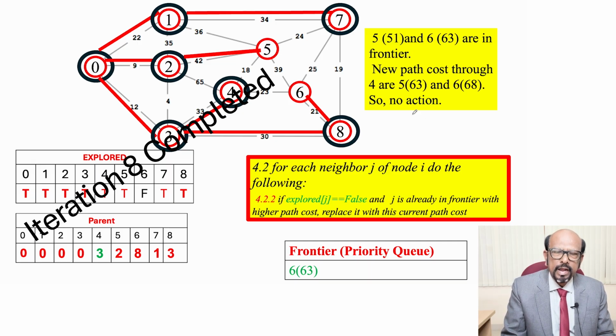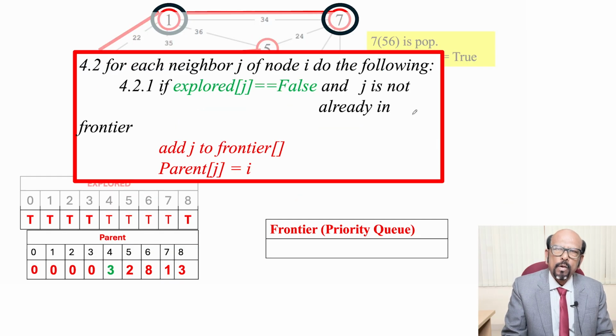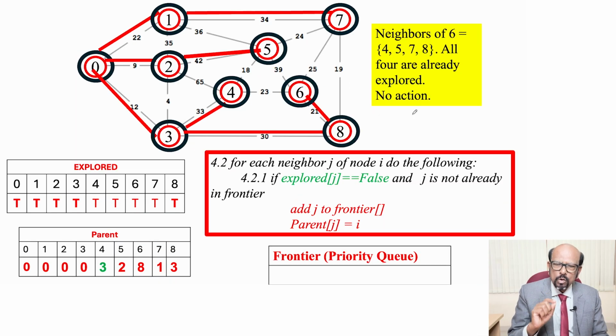Now at the end of iteration 8, only 6 is there in the frontier. What shall we do? We will pop. We will verify whether that has a solution. It doesn't have a solution. So mark it explored. 6 is also explored. After exploring, we will go to the 4.2. 4.2.1, we have to verify whether any neighbor is satisfying the conditions.